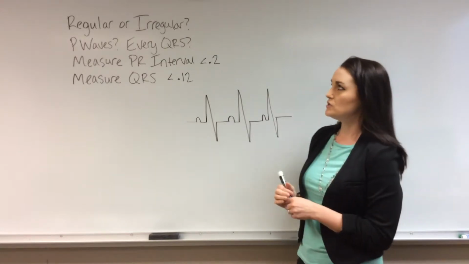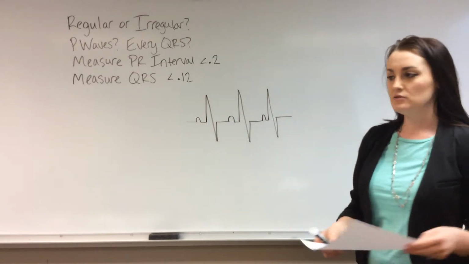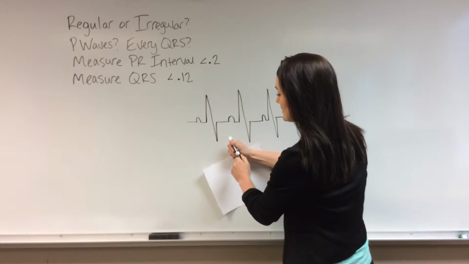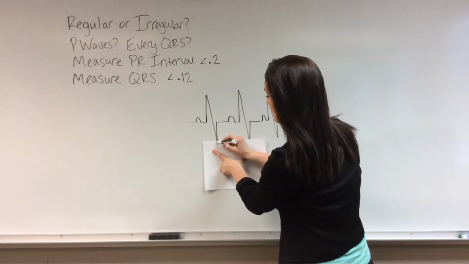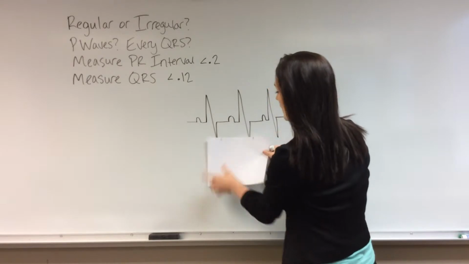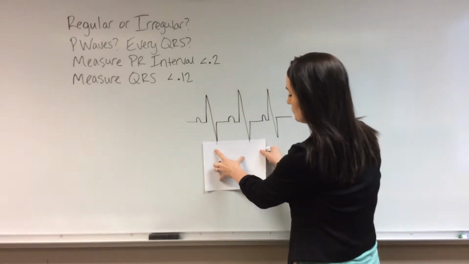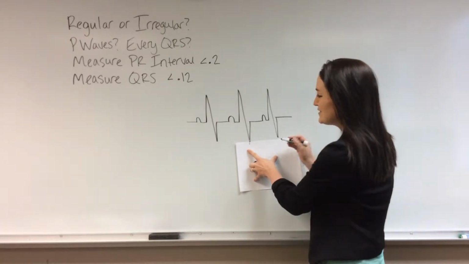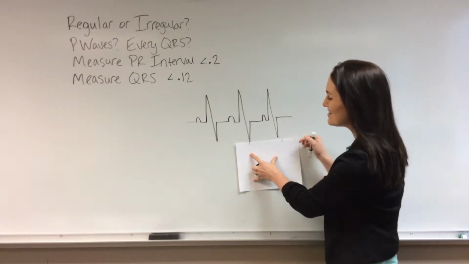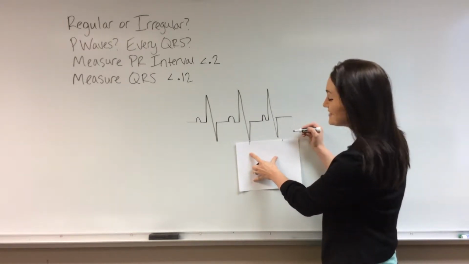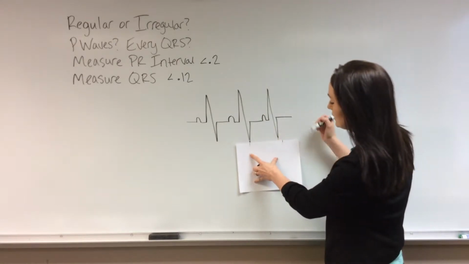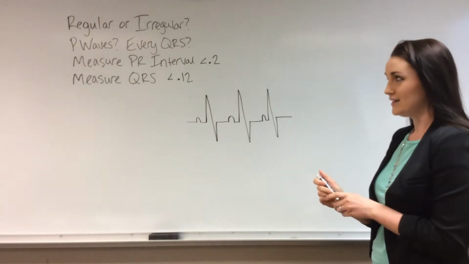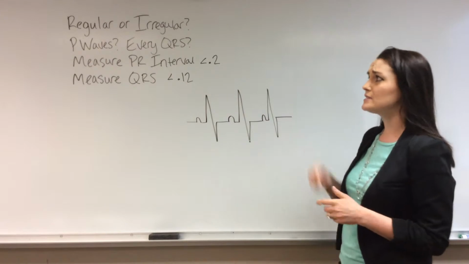A good method just to do a quick check on regularity would be to take a piece of paper and line it up with your R waves, so with each QRS, and make a little dash on each R wave, so you have a couple little marks. And then with that, you can move it over to check regularity. So due to my maybe less than stellar drawing skills, this one was intended to be regular, but it's not. It comes a little bit early. So that is one method, just to do a quick check of regularity or irregularity. So that's the first step.